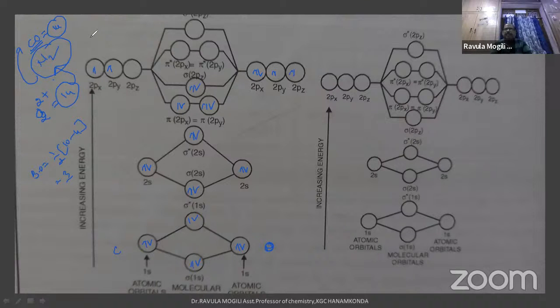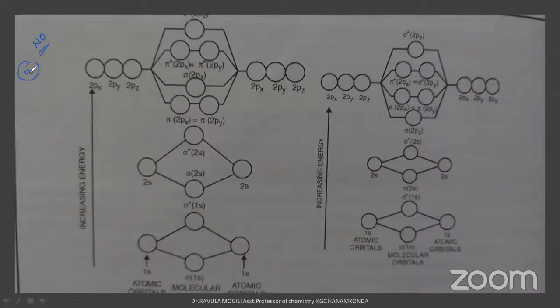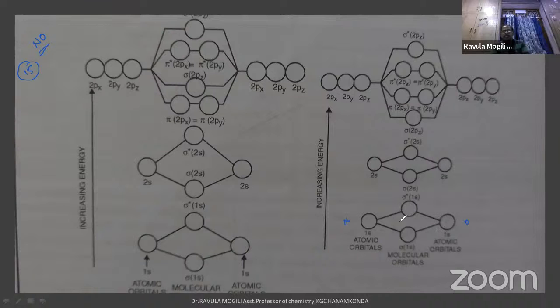Suppose they are asking about NO, nitric oxide. How many electrons? 15. It is more than 14, so we can follow the second one. For nitrogen, 2 electrons here, 2 electrons, and 3 electrons here.